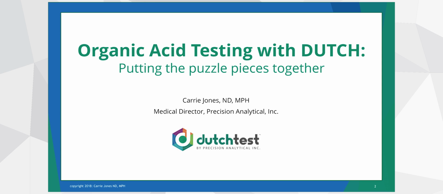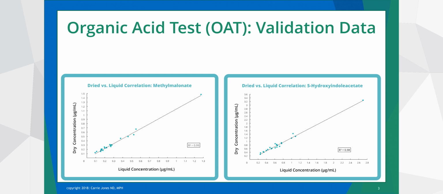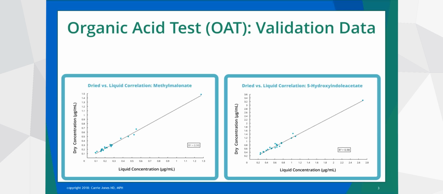But I just want to really briefly first go through a couple of slides of validation data, because it's really important that we establish for you that what we're doing is accurate and reproducible before we get into its clinical utility. You can see a little bit of data here, showing at its most basic level, if we look at a liquid sample and our dried sample with the method that we're using, we're getting really strong correlation.